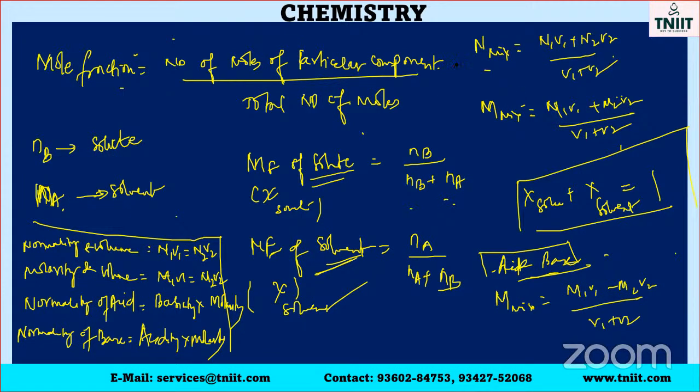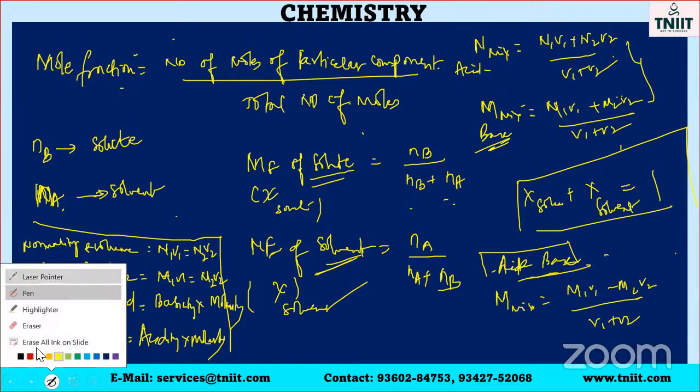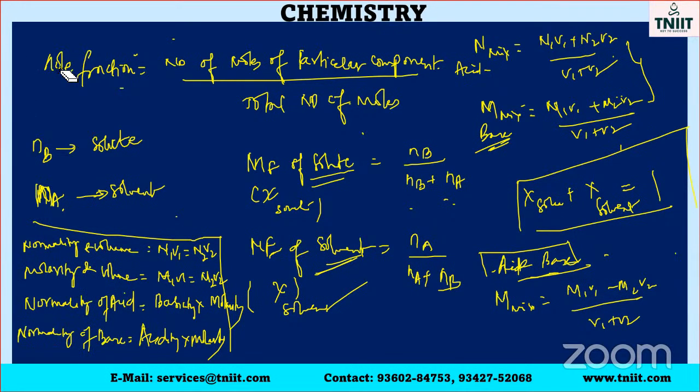But when two acids or two bases are mixed, the formula uses plus in both cases. When there is one acid and one base, a neutralization reaction takes place, and you need to use a minus sign. These are the formulas which you have to remember.